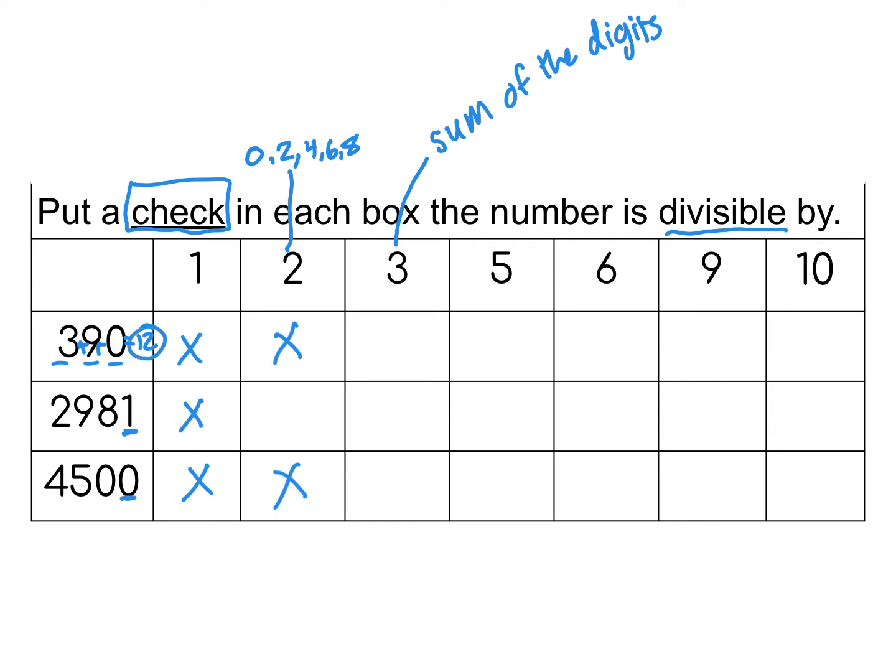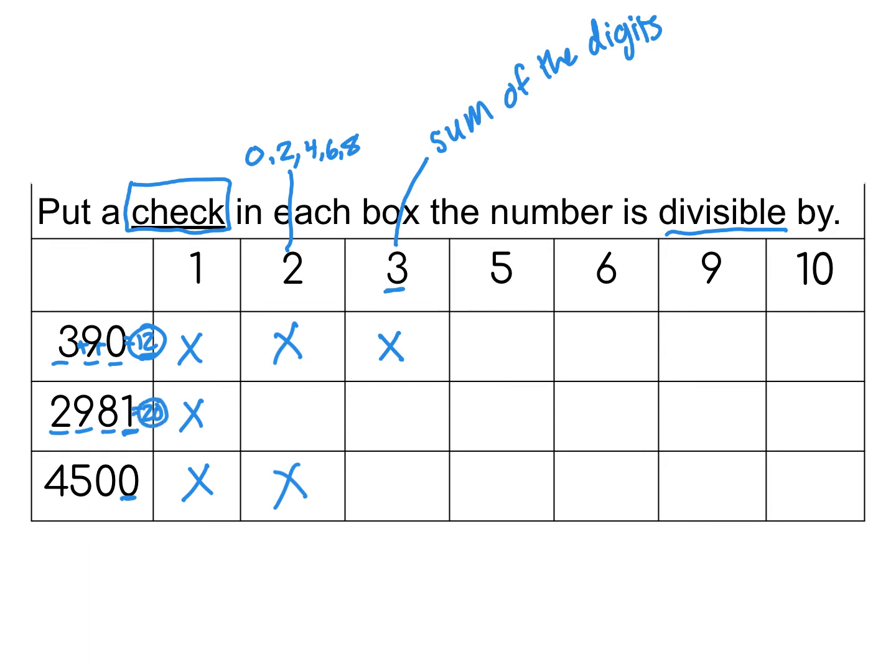Now, if the sum of the digits, 12, can be divided by 3, it works for 3. It's a cool little trick. If the sum of the digits can't be divided by 3, it doesn't work for 3. So let's try it with the next one. 2 plus 9 plus 8 plus 1 equals 20.